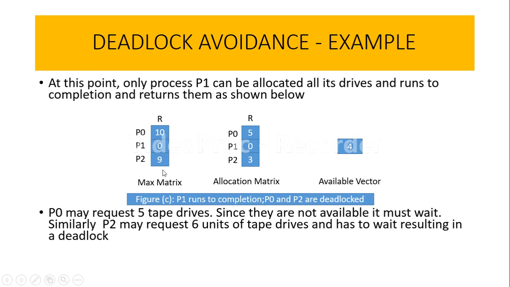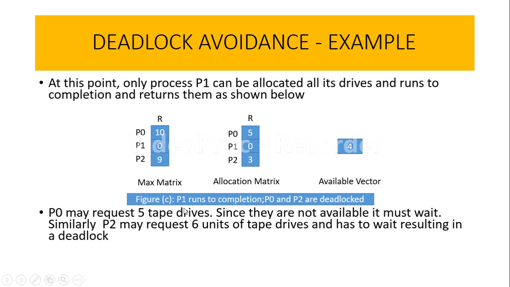Let us go for process P2. P2's maximum requirement is 9 and currently it is holding 3 instances. So P2 requires 6 more instances for completing its execution. But if you see, the availability is only 4.